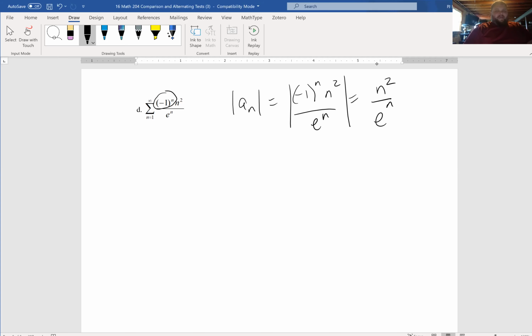So I want to plot that function. Now, if I do that, again, only looking in the first quadrant, this function does this behavior.